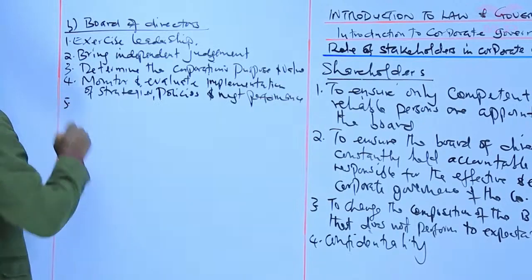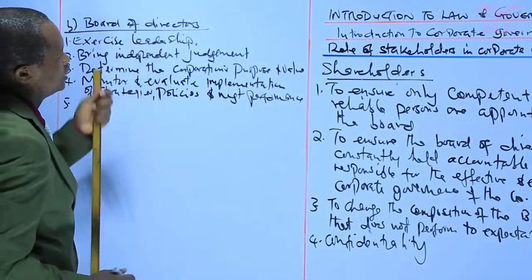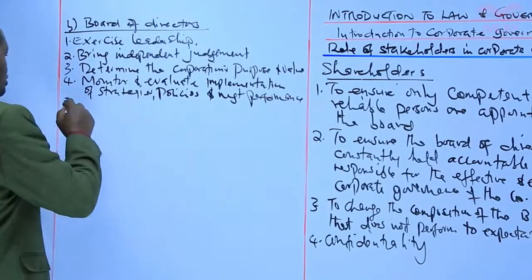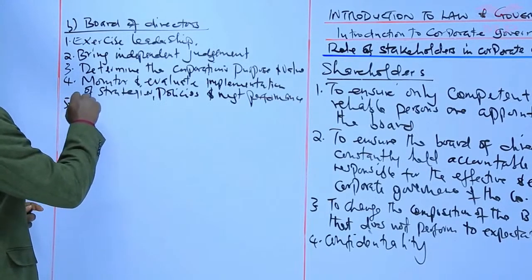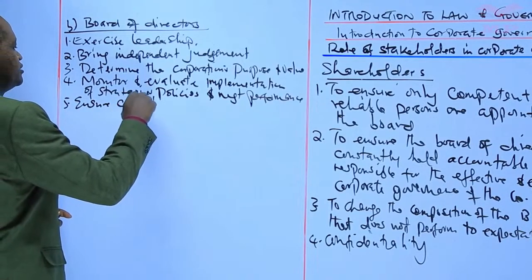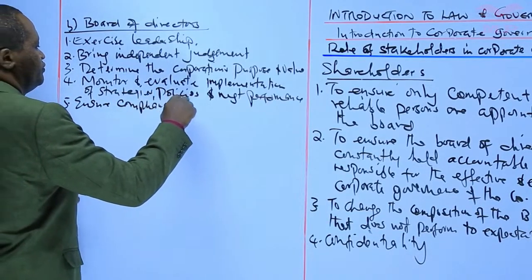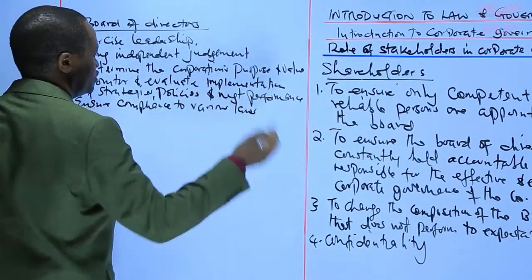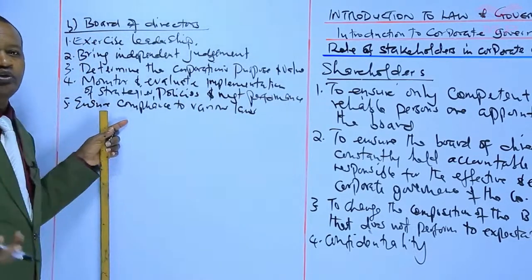Number 5, the board of directors should also ensure that the company complies with various laws. To ensure compliance to various laws, regulations, and so on.